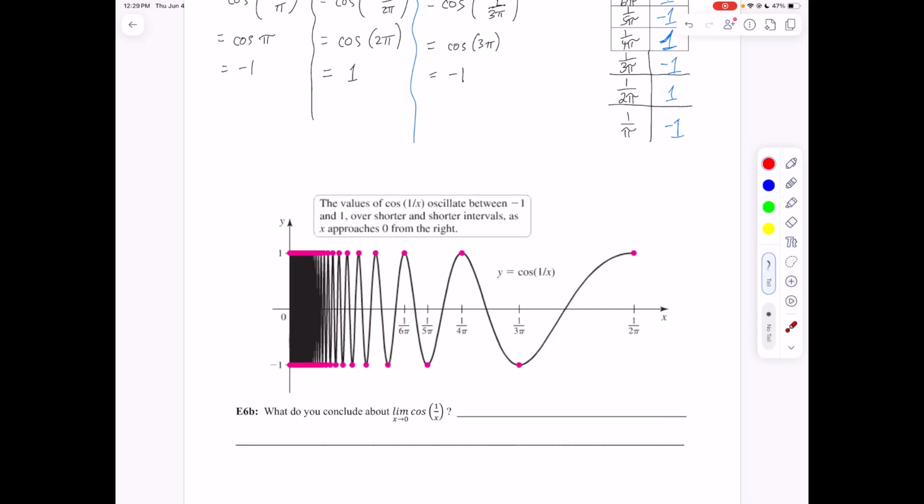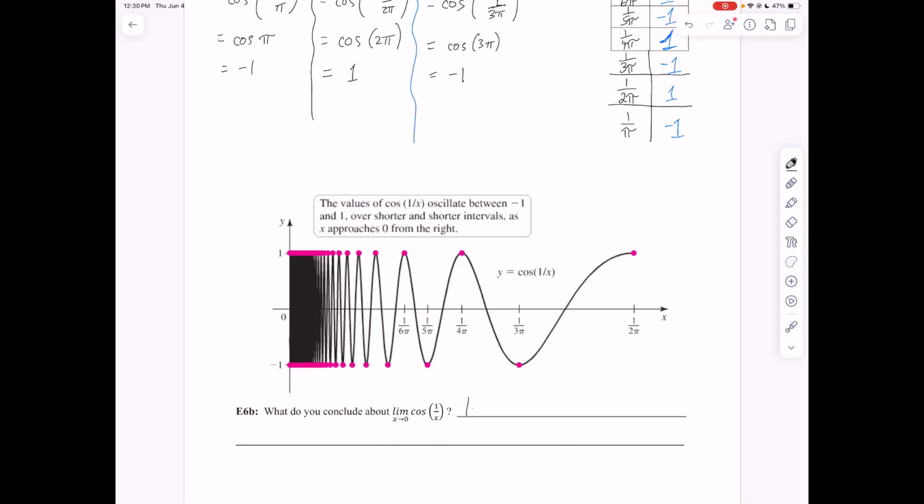And it turns out that as x approaches 0 from the right, the corresponding output values are not approaching a finite number. So what can you conclude about the limit as x approaches 0 from both sides? Well, since we're looking at it even from a one-sided standpoint, we know that this limit does not exist.